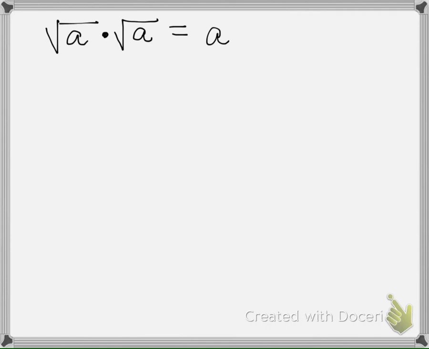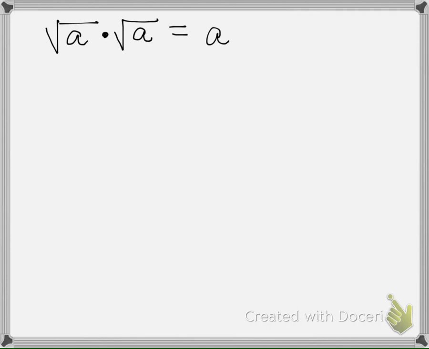Now, our goal here is to figure out what type of exponent would be connected to a root, a square root specifically. We don't know what that exponent would be, so I'm going to assign some random letter to represent the unknown exponent. I don't want to use x because we use x all the time.